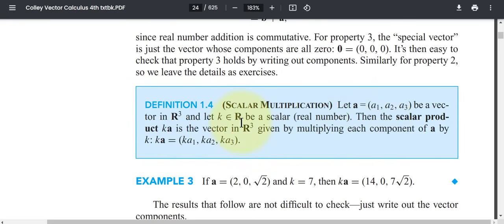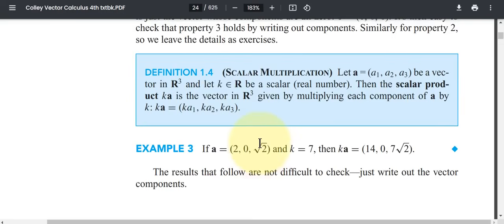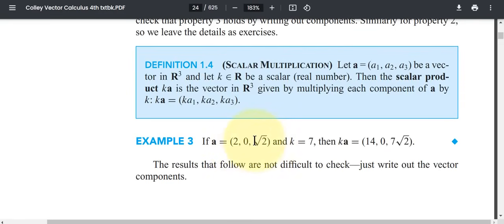So the result is going to be a vector in R3, and it's going to be obtained by multiplying each component of a by the k. So we get ka1, ka2, ka3. So in this case, we take this vector, we multiply it by 7. What does it mean? Multiply 7 this, 7 this, 7 that. We get 14, 0, and whatever that is, this.